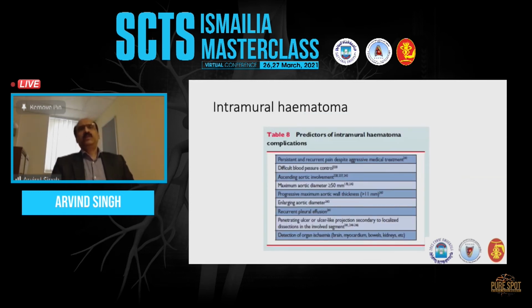Intramural hematoma: there was a time when intramural hematoma was always a debate. I still remember about 10 years ago when I was a registrar, we had a patient with intramural hematoma, and there was no dissection flap. A number of investigations were performed, and finally very aggressive blood pressure management was done, and that one patient didn't require an operation.